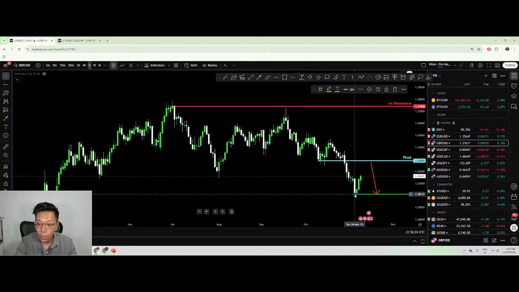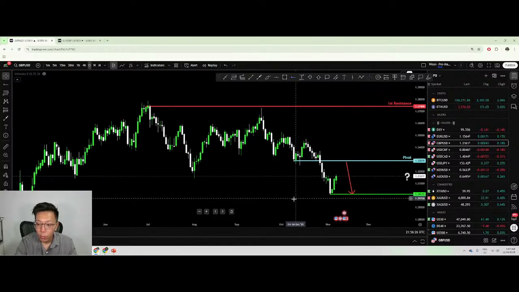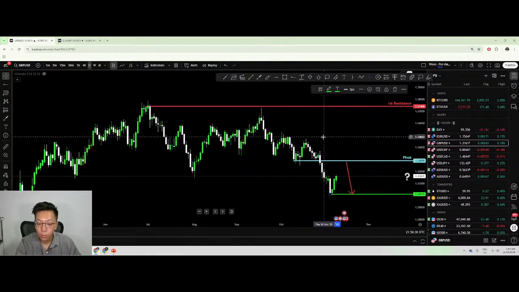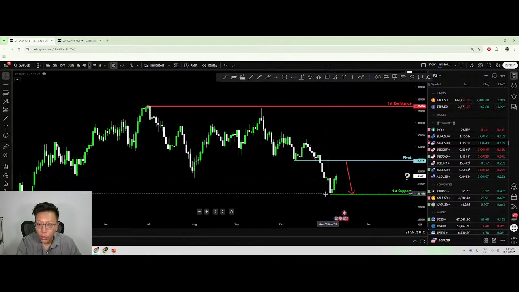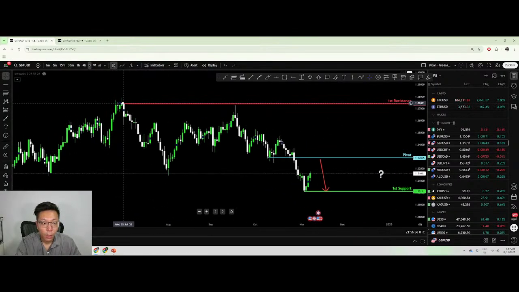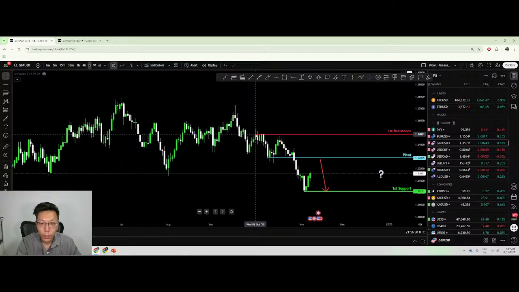As for our first support, we will place it right over here, which is a swing low support level. And of course, our first resistance level, we will place it right above here, which is a multi-swing high resistance level.